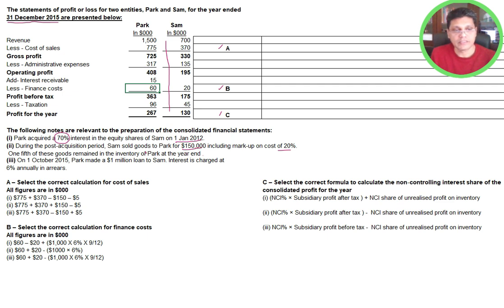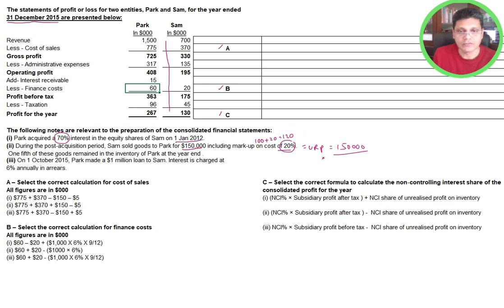Now, since the amount is given as 150,000 US dollars and the markup on cost is 20%, we can identify how much is the unrealized profit. So unrealized profit is equal to 150,000 divided by... this is markup on cost, which means 20% is calculated on the cost. For example, if you take the cost as 100 and the profit is 20, your selling price is 120.